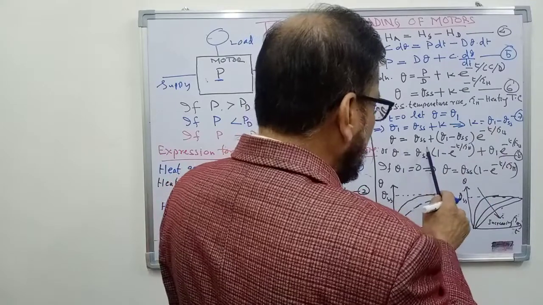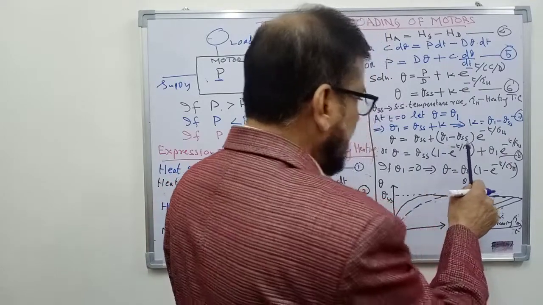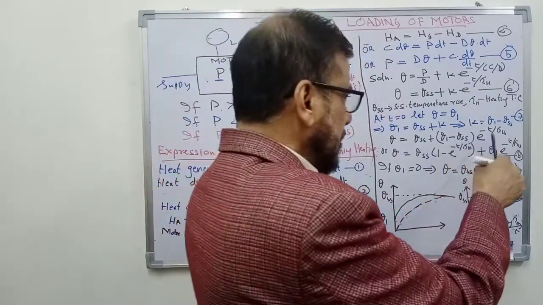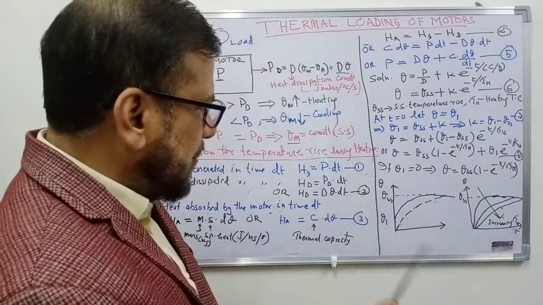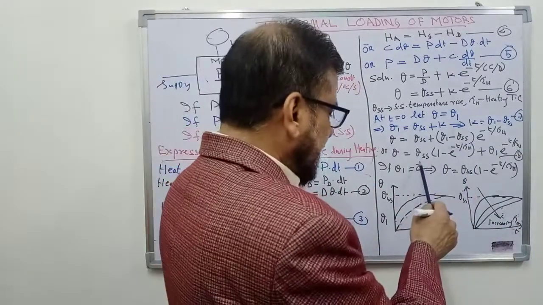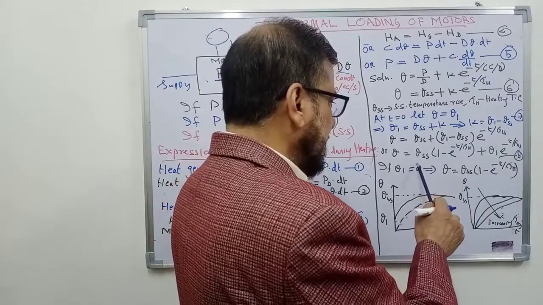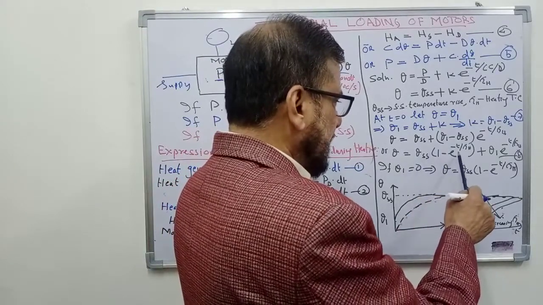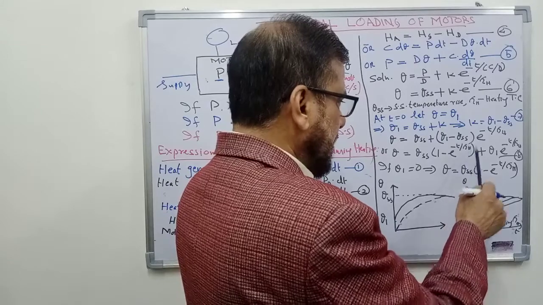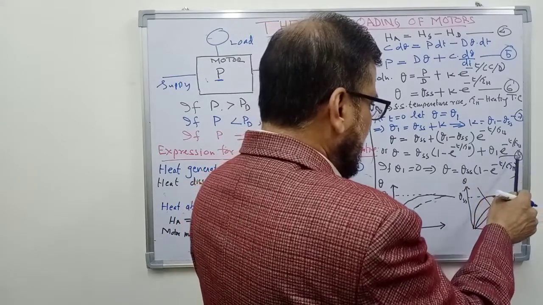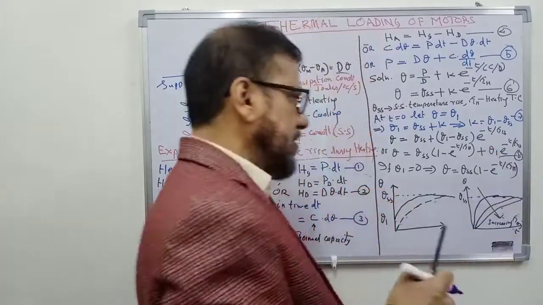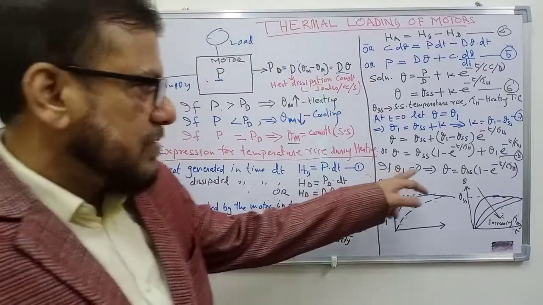So theta equal to theta ss plus (theta 1 minus theta ss) e to the power minus t upon tau h. This again you can rearrange, and theta will be equal to theta ss (1 minus e to the power minus t upon tau h) plus theta 1 e to the power minus t upon tau h, the final equation for temperature rise, equation number 8.